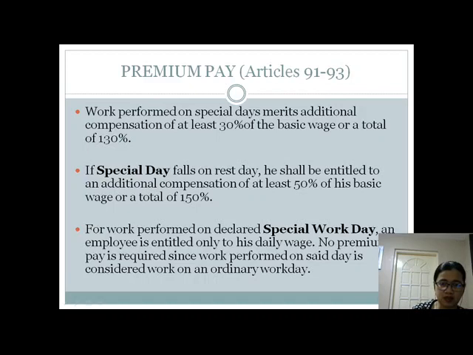So that is an additional 30%. So your total daily pay for that particular day will now become 130%. So you just multiply it. If you work for 8 hours, if you have a minimum wage of 404, you just multiply it by 130%. That will be the equivalent daily pay for that particular special day.